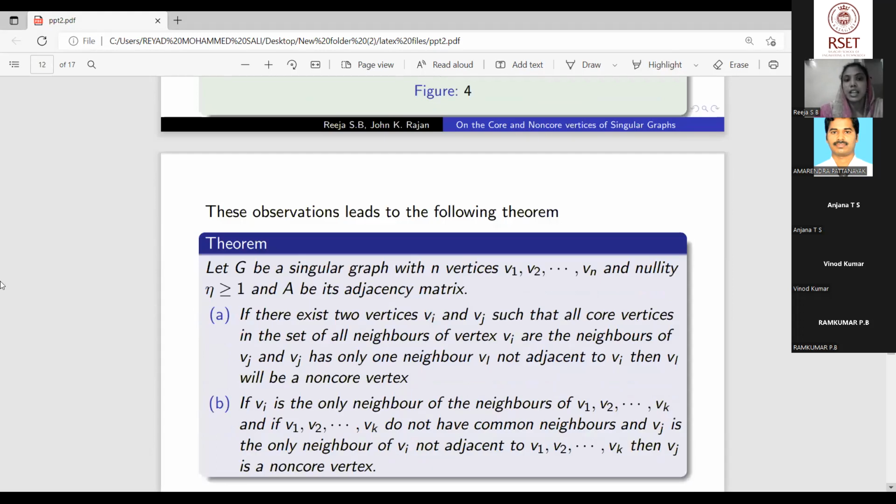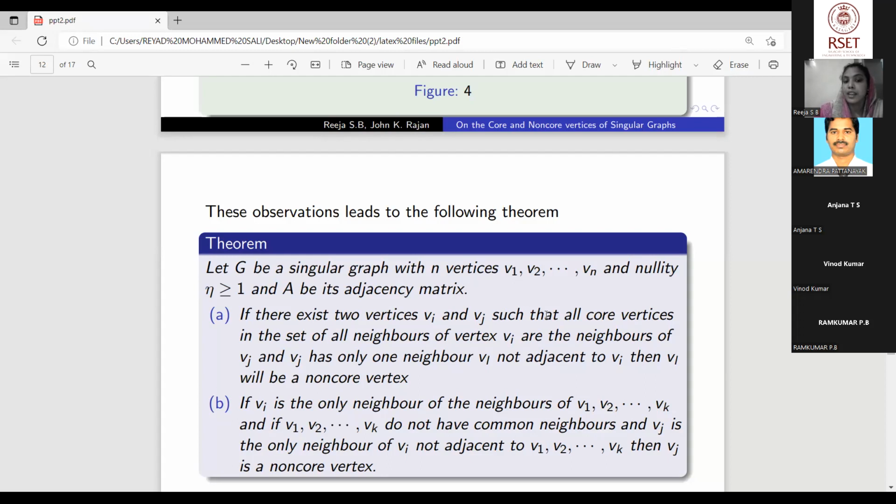This observation from the above two examples leads to the following theorem. Let G be a singular graph with n vertices v1, v2, etc., vn, and a nullity eta greater than or equal to 1, and A be its adjacency matrix. A, if there exist two vertices vi and vj such that all core vertices in the set of all neighbors of vertex vi are the neighbors of vj, and vj has only one neighbor, vl, not adjacent to vi, then vl will be a non-core vertex.